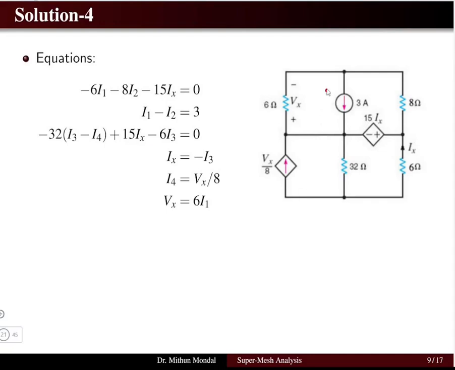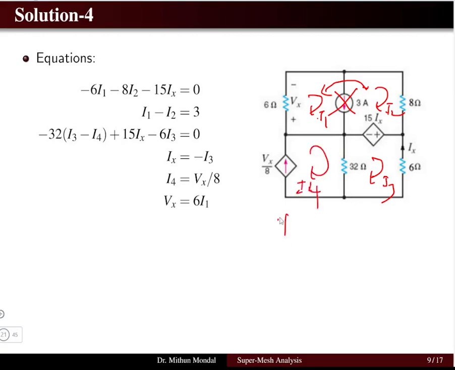So these two meshes will be combined together to form a super mesh problem, and we have to remove this 3 ampere current source when we are writing the super mesh. If we take this one as I1 and this one as I2, we can combine the I1 and I2 equations to form a super mesh, and the I3 equation will come from this loop and the I4 equation will come from this loop.